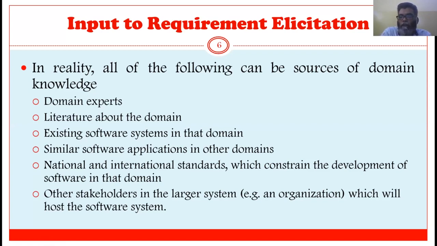In real life, or in a real-time situation, we can get information and knowledge from different sources like domain experts, or in other words subject matter experts, literature about the domain, existing software, similar software applications, national and international standards which constrain the development of software in that domain, and other stakeholders in the larger system.